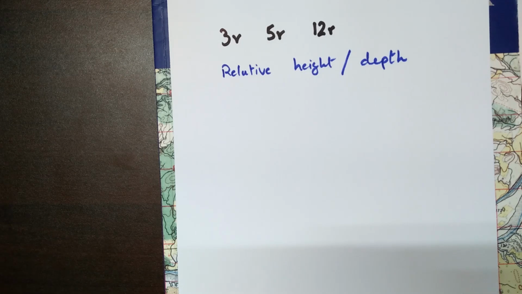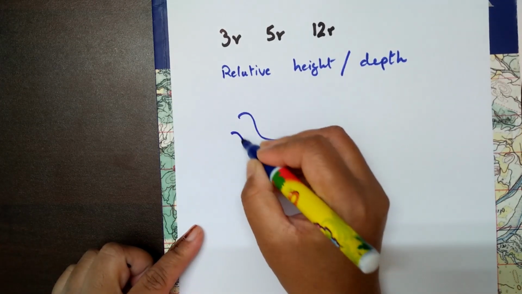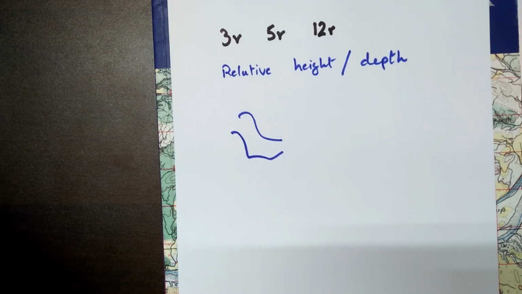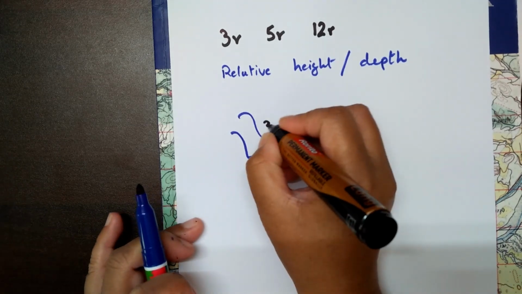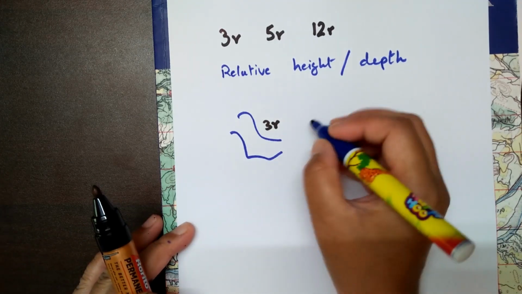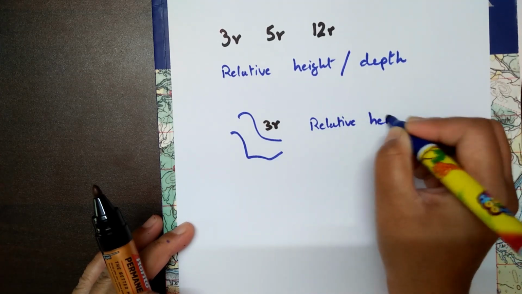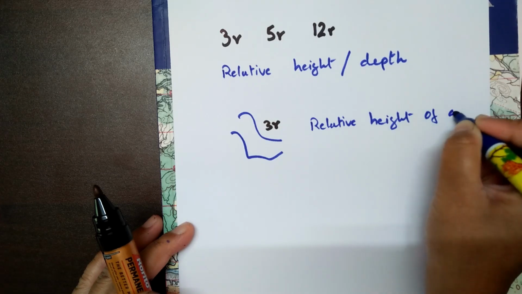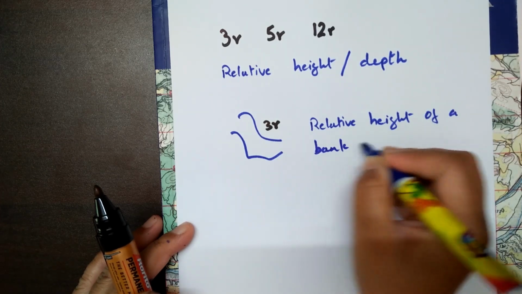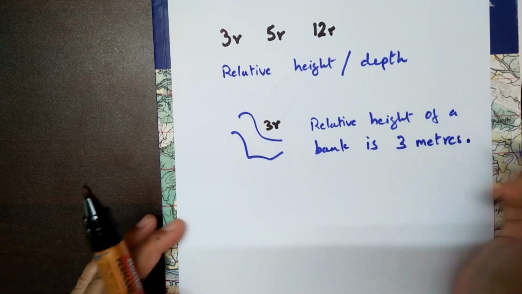Now suppose you see a river, and near that river, on the side, it is written 3R. So what does that mean? This means the relative height of a bank is 3 meters.